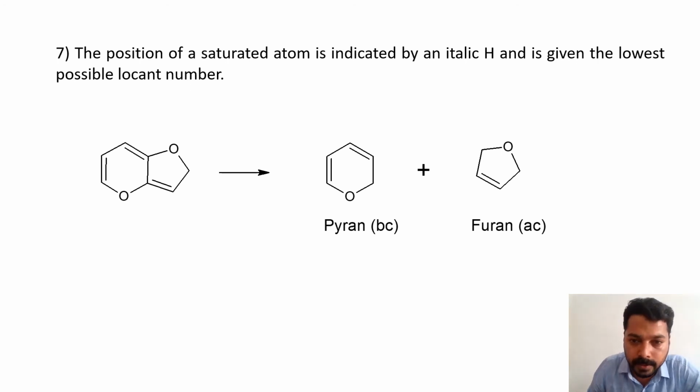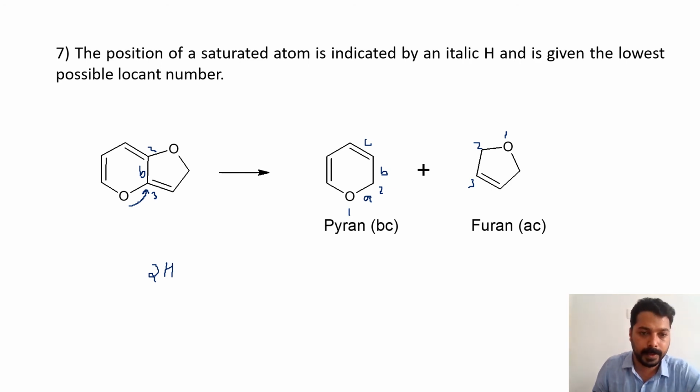So this will be 1 2, the bond is this one, so it is A, it is B, it is C. So this will be B. It is moving in this direction. So here the number is 1 2 3. So it is 1, it is 2 3. Okay, so what you have to do is, you can see here, this is 1 2, so you can write it is 2H. Then you can take the attached component, that is furan, it is furo.